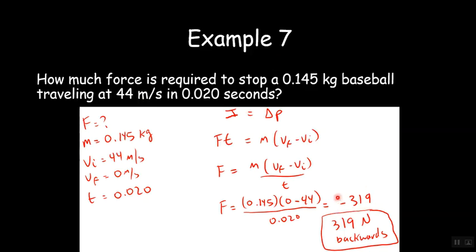That negative answer tells me that the force was opposite to the movement of the ball. The ball is going in one direction, and I have to apply force in the opposite direction to the ball's motion. And therefore, we have a negative 319 Newton.